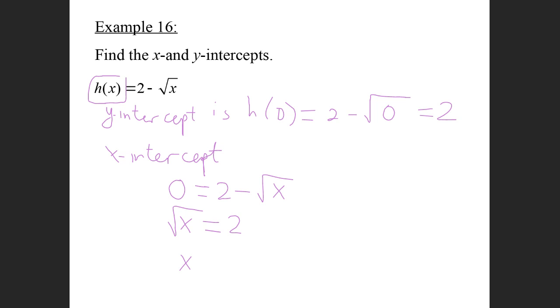You want to get rid of this radical, so square both sides. Then x equals x to the power 1/2 squared, and 2 squared is 4. Not plus or minus 4. Only 4.